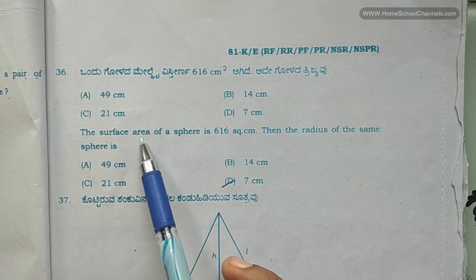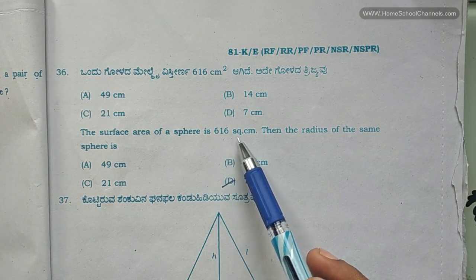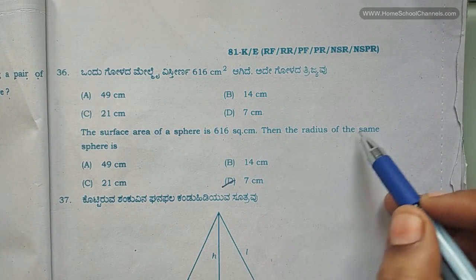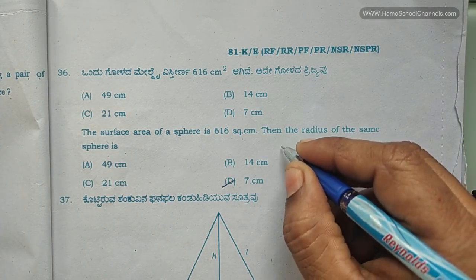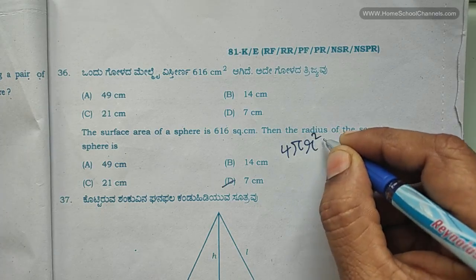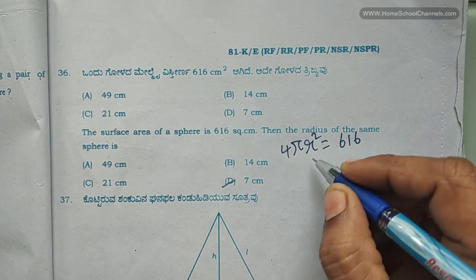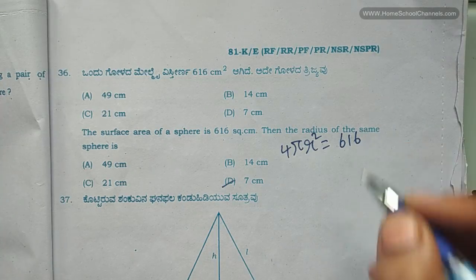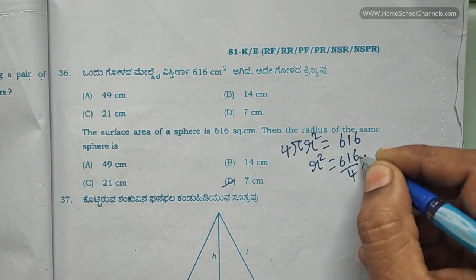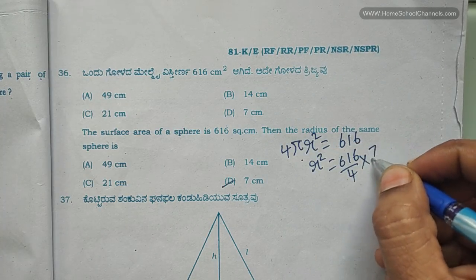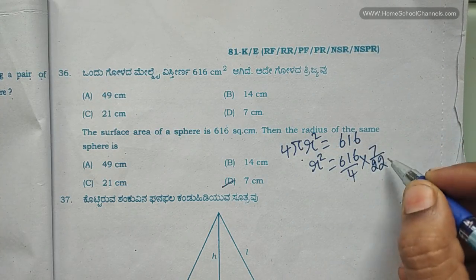36th one, the surface area of a sphere is 616 square centimeter. The radius of the same sphere is, surface area of a sphere 4 pi r square is equal to 616. Okay, now we need to find the radius. r square is equal to 616 by 4 into 22 by 7, that is 7 by 22 on the other side.